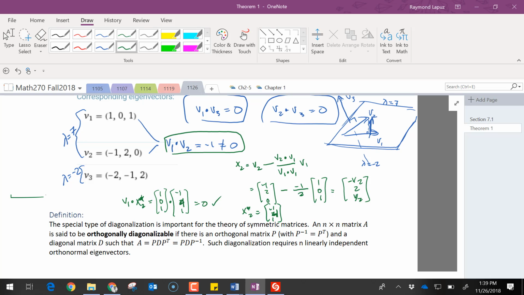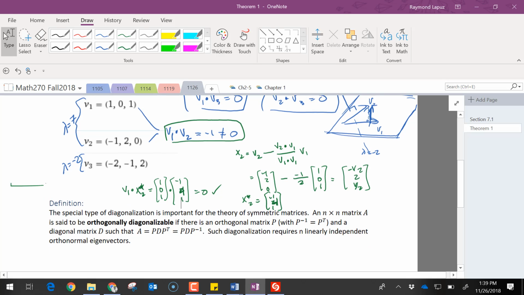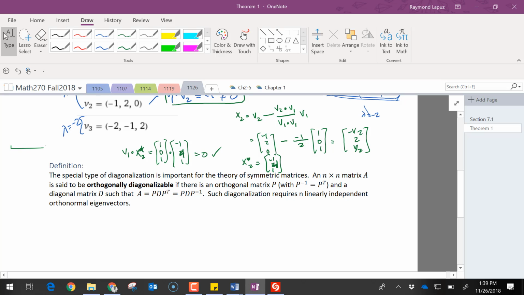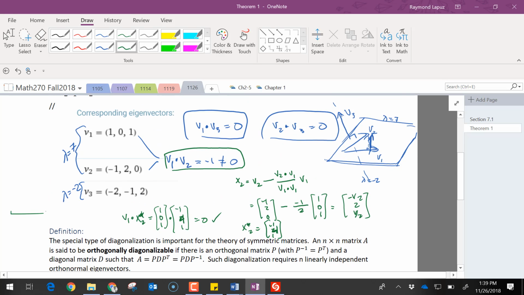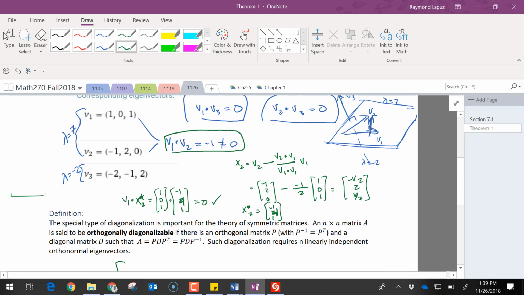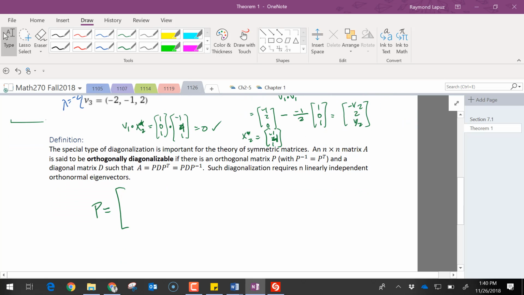And to create this orthogonally diagonalizable matrix, we want P to be an orthogonal matrix, which means its columns have to be perpendicular, and it also has to have unit length. So let's write our P. Let's scale each of these things. So we need the magnitudes of V1, V2, and V3. Let's put it off to the side. V1, the magnitude is going to be √2.